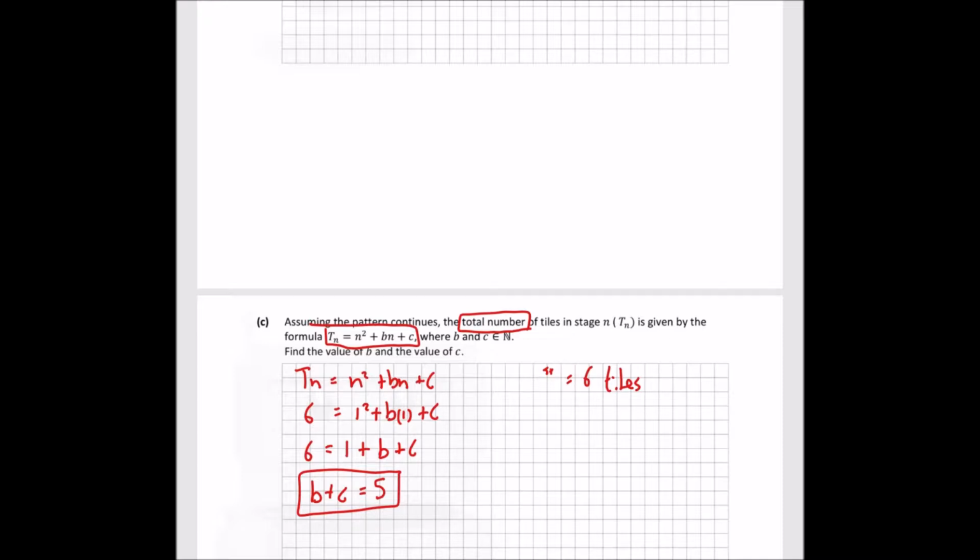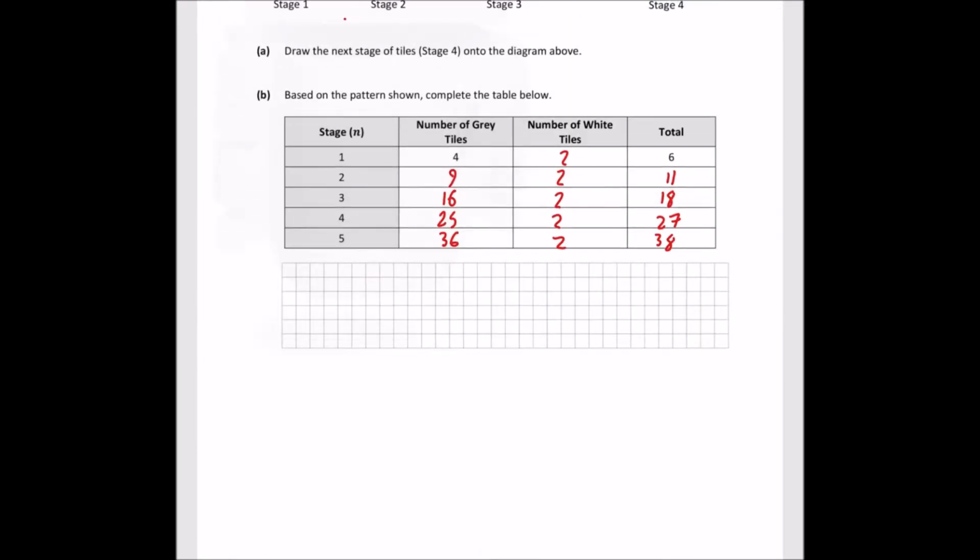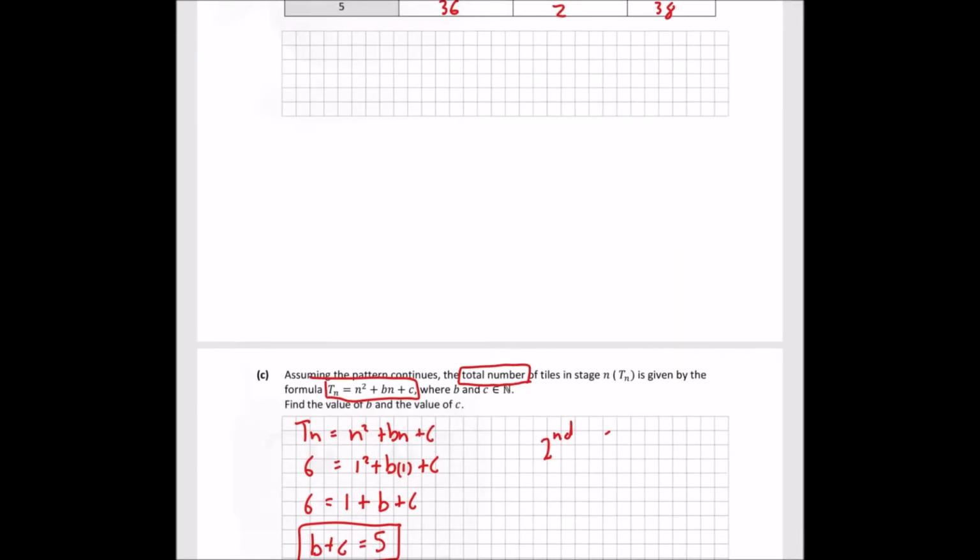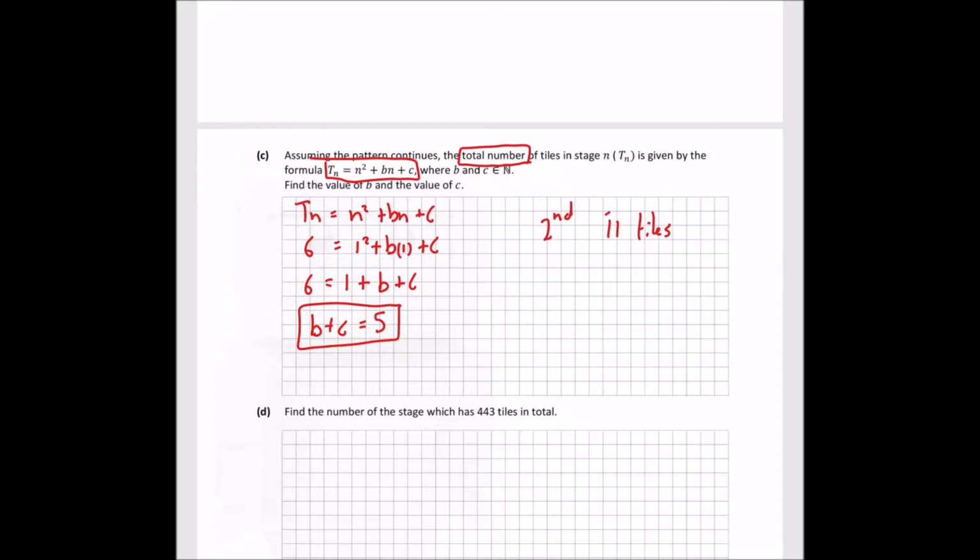Likewise, on my second pattern up here, I have 11 tiles. So if I put in 2 for n, so watch this, Tn equals n squared plus Bn plus C. If I put in 2 for n, I should get back out 11.